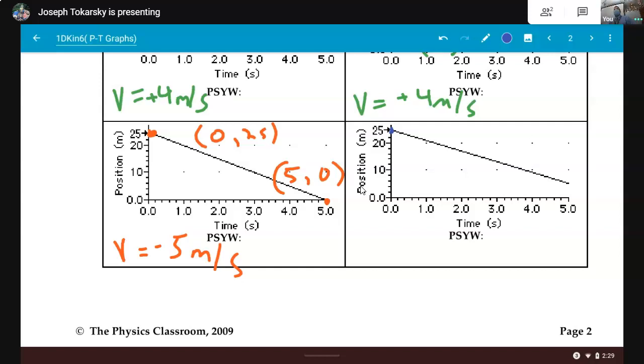I'm going to estimate vertically on that one. Actually, let's estimate it to 5.